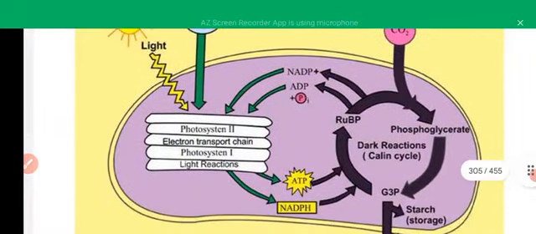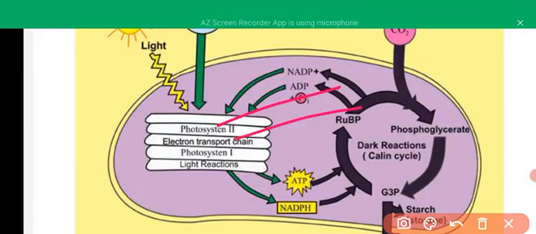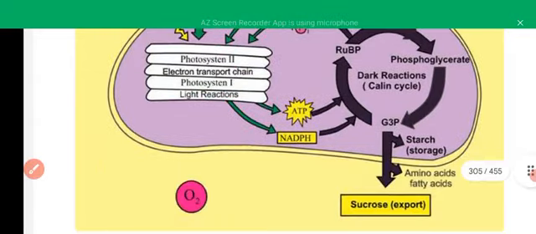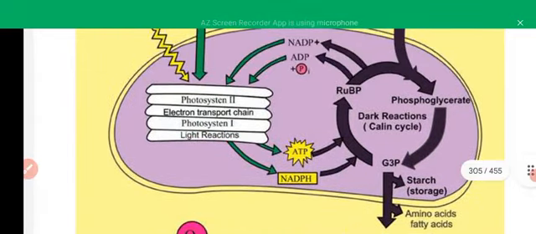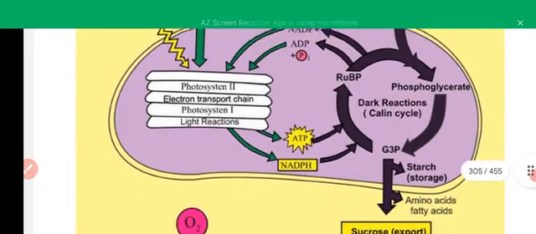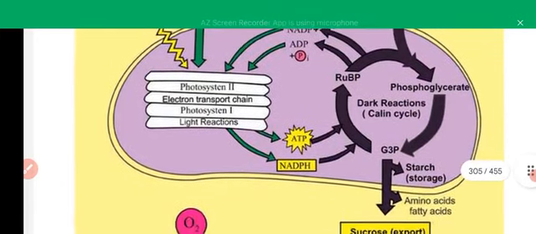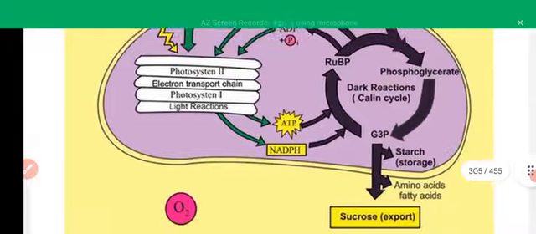In the light dependent reactions, there are photosystem 2, the electron transport chain, and photosystem 1. The light reaction forms ATP and NADPH, which are used in the Calvin cycle, with ribulose bisphosphate and phosphoglycerate. G3P is used for sucrose and is also recycled, and NADPH and ATP are converted into NADP and ADP.